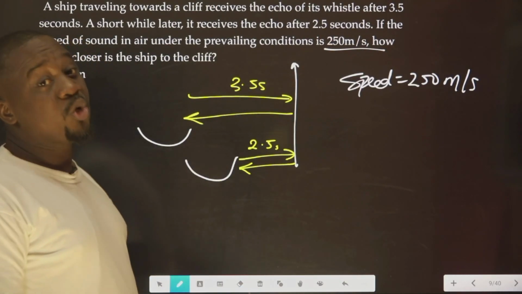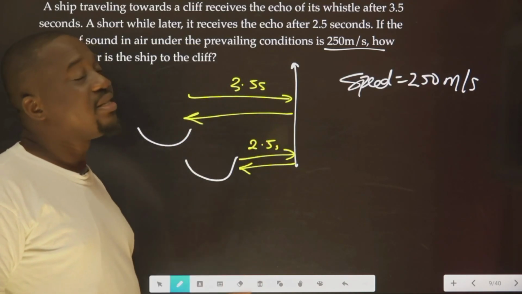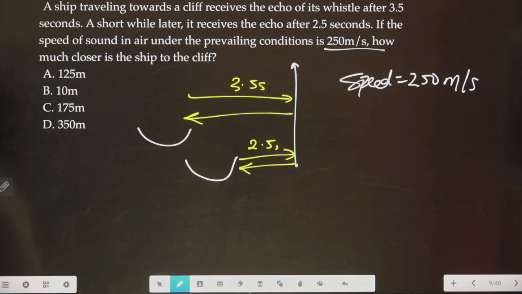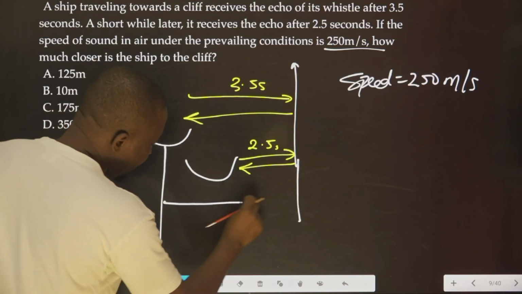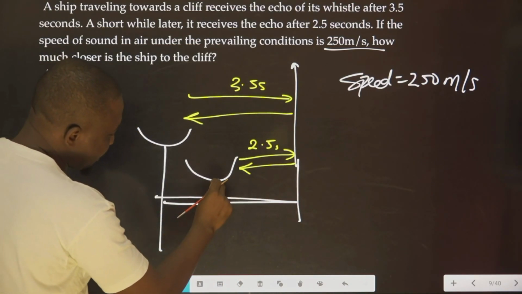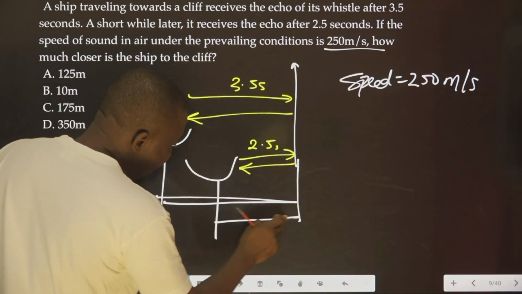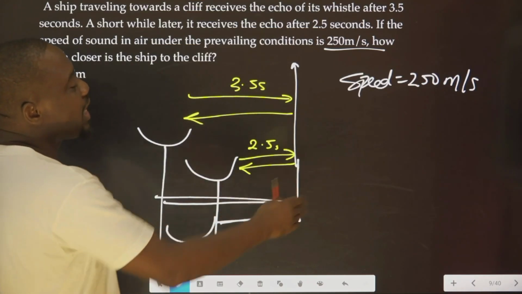How much closer? What we're going to do, first of all, measure this distance, subtract it from this distance. We are going to know the difference. Because if this was the former point, and I know the distance, and this is the current one, then I also know this distance. We are this closer.